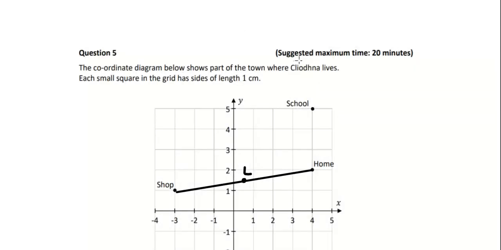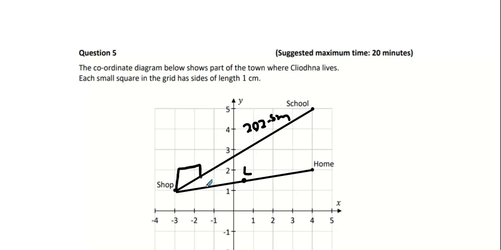So we're told that shop to school is roughly 8.1 centimeters, which turned out to be 202.5 meters in real life. But look, this is the answer you write down, guys. It's very unlikely that you can go in a straight line from the shop to the school.